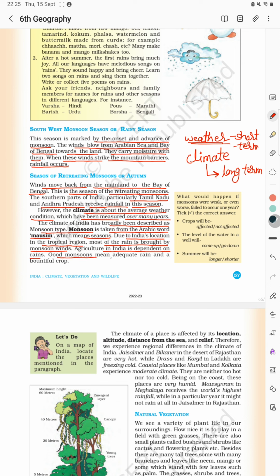Good monsoons mean adequate rain and bountiful crops. Now, if monsoons are weak, then our crops will be affected. The level of water in the wells will go down, and the summer will be longer because we will not be having relief from the summer because of the weak monsoon.